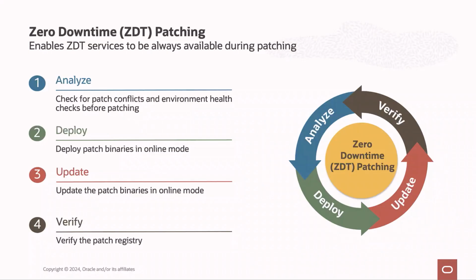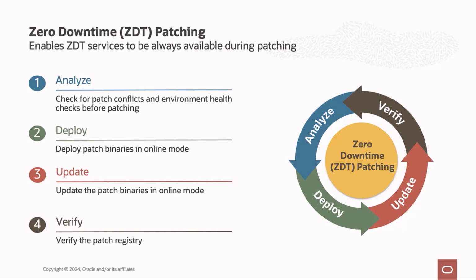In this demo, I'll be patching my Enterprise Manager 24.1 with the ZDT patching method. So just to recap, the ZDT patching method involves 4 steps. The first one is analyze, where you can check for patch conflicts. The second step is the deploy phase, where you deploy the patch binaries, which is an online operation.